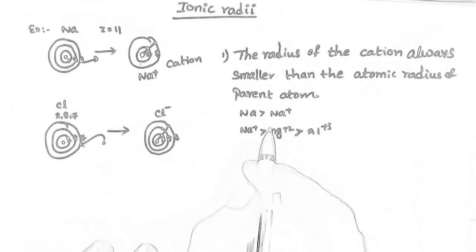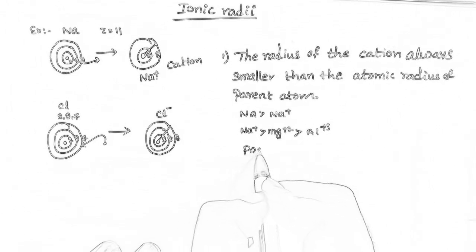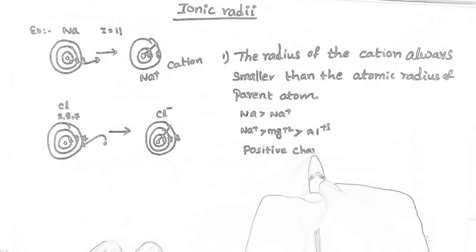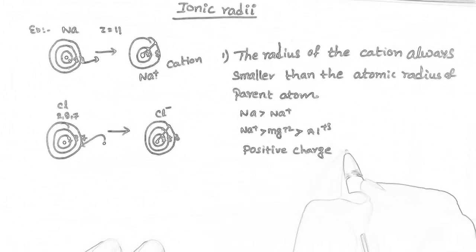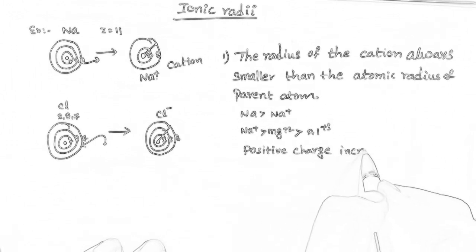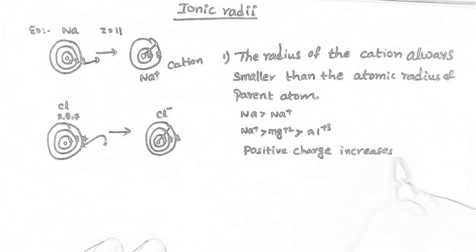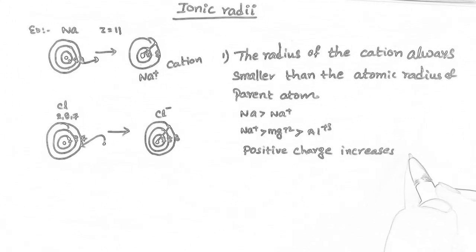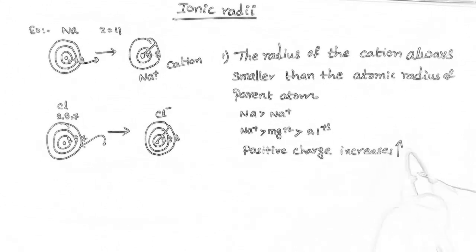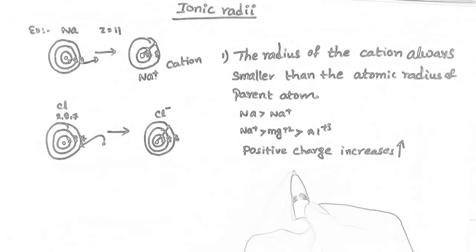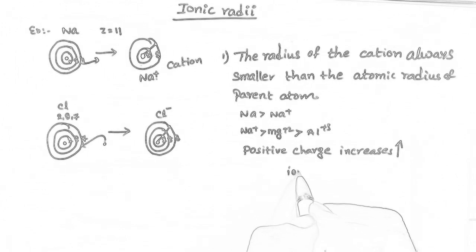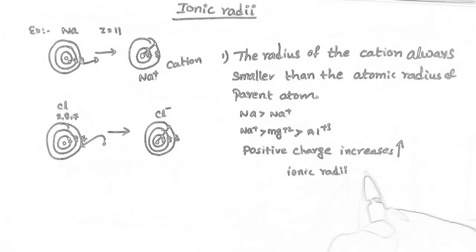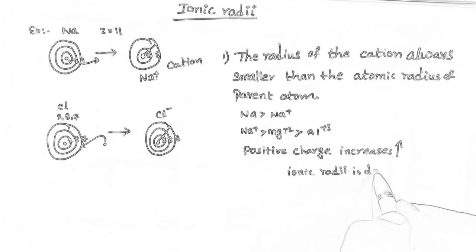Because as the positive charge increases, ఇంక్రీజ్ అయినట్లయితే, పాజిటివ్ ఛార్జ్ కనుక పెరుగుతుంటే ఏమవుద్ది, when positive charge is increasing, then the ionic radius decreases.